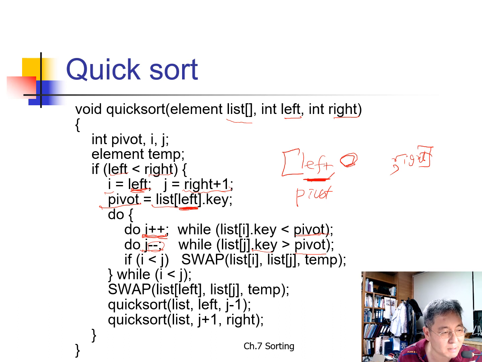So the J value is determined when the key value is smaller than the pivot. So I searches in this direction, and J minus minus means we start from the right to the left.